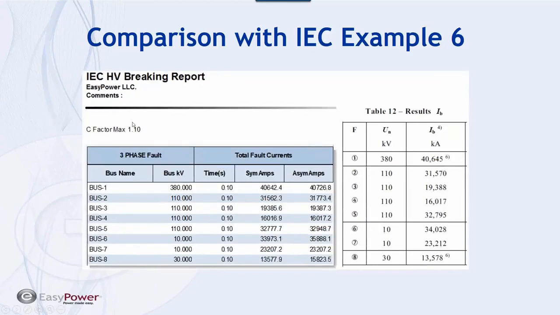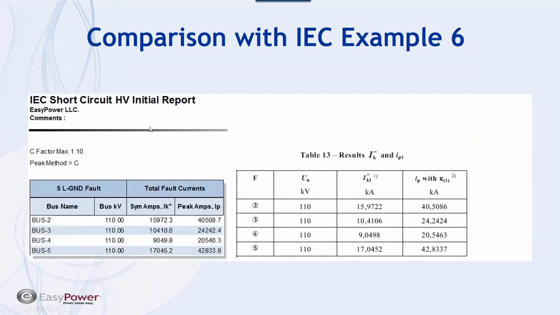HV breaking values, C factor 1.1, and the asymmetrical, symmetrical values, the breaking values here. The same report, HV initial report, C factor 1.1, peak method C, and the values get compared here. Initial, peak.